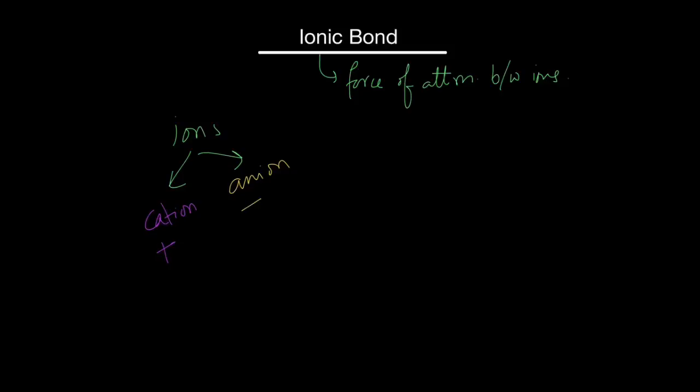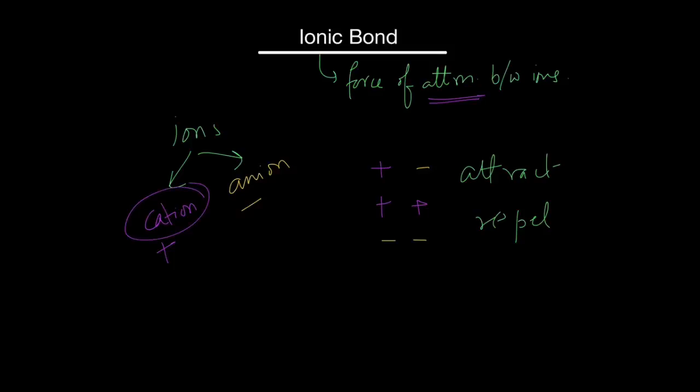And you know that opposite charges attract each other whereas like charges, for example plus and plus or minus and minus, will repel each other. So since we need the force to be attractive, therefore an ionic bond is always formed between a cation and an anion.